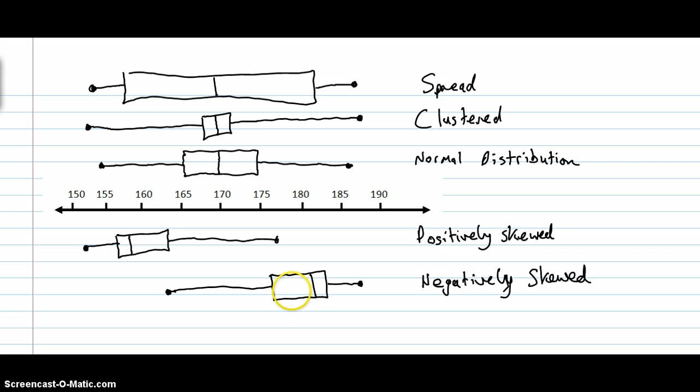A negatively skewed box and whisker plot is the opposite. The box is down the right hand end, and the median is down the right hand end of the box. The right hand whisker is shorter, and the left hand whisker is longer. That's a negatively skewed set of data. So a lot of the data is tilted towards the right hand end in the negatively skewed, and a lot of the data is tilted towards the left hand end in the positively skewed box and whisker plot.